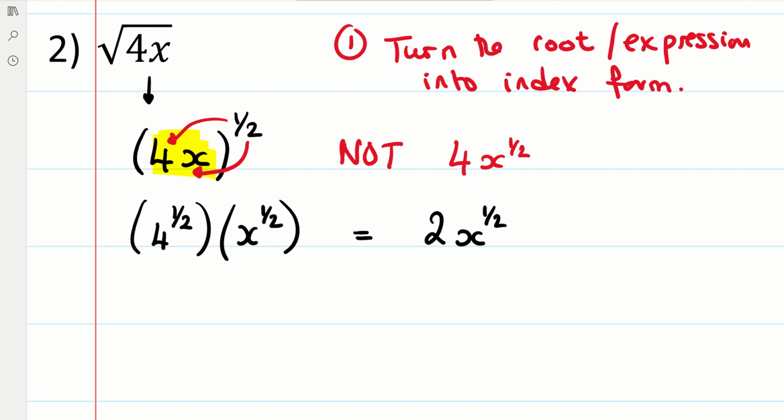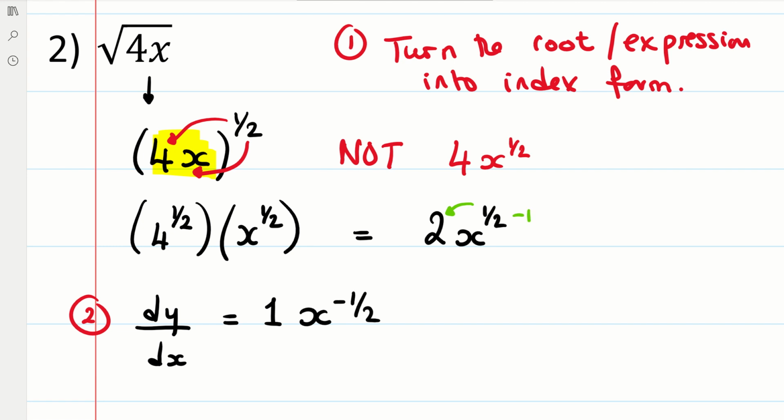Now you can differentiate dy over dx. So that's step 2. Half times 2 is 1. X, and then half minus 1 is minus a half. Of course, you don't need to write that. That's optional.